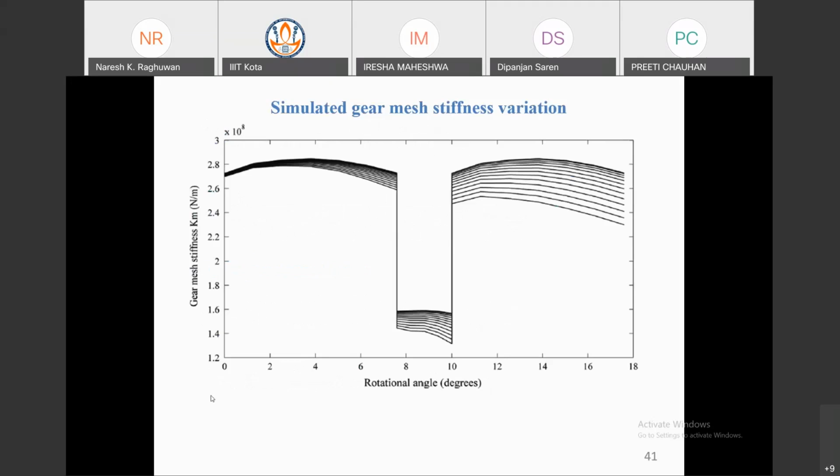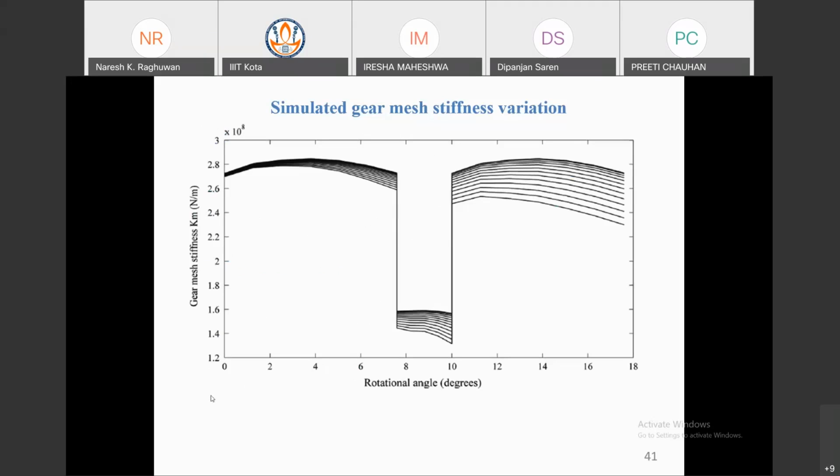Now, the simulated gear mesh stiffness with variation of the gear fault. I forgot to mention the fault. There is a graph: in the healthy case, it looks like this, but if a root crack is there, the stiffness is dipping, lowering the stiffness.